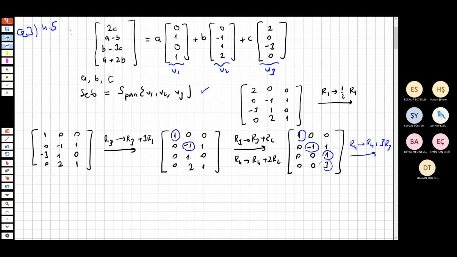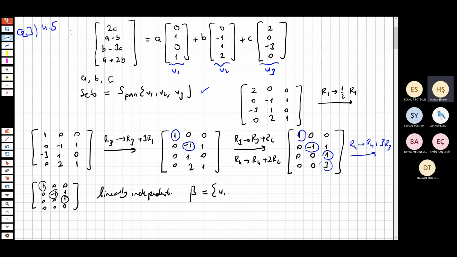Therefore, we have 1, 0, 0, 0, 0, minus 1, 0, 0, 1, 1, 0. First pivot, second pivot, third pivot, therefore linearly independent. So a basis for the set will be V1, V2, V3.